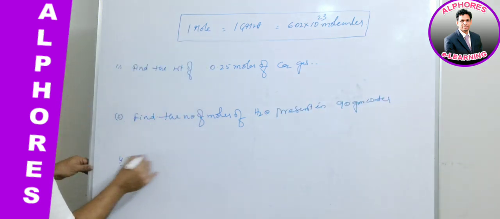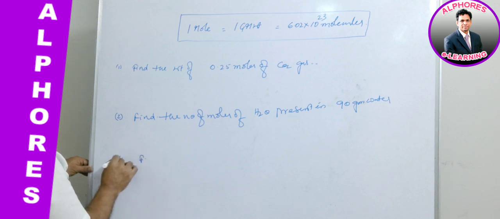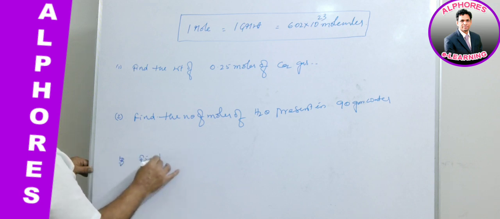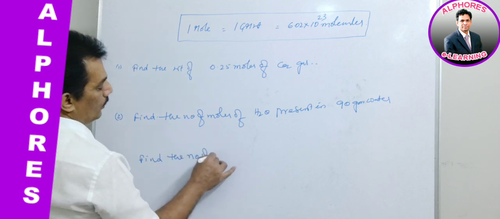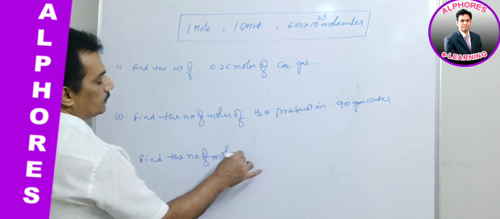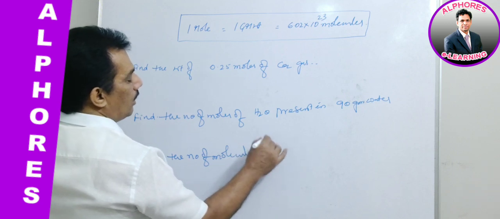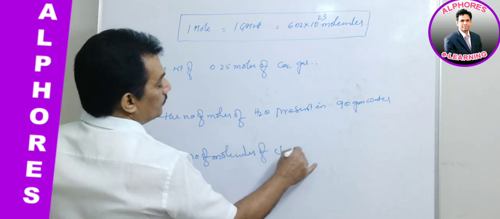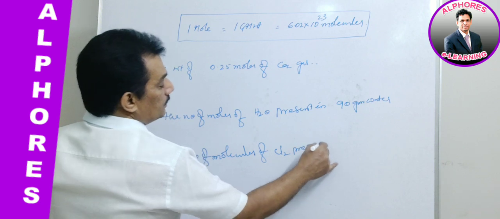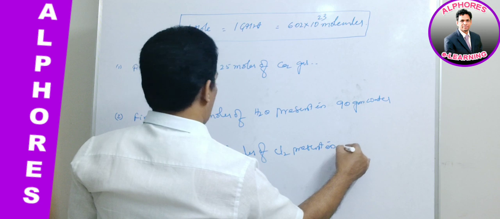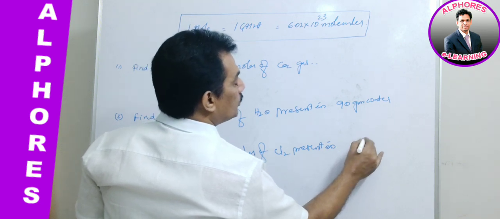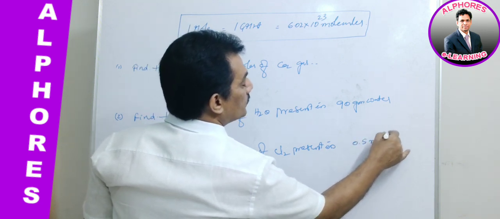And next, find the number of molecules of Cl2 present in 0.5 moles.